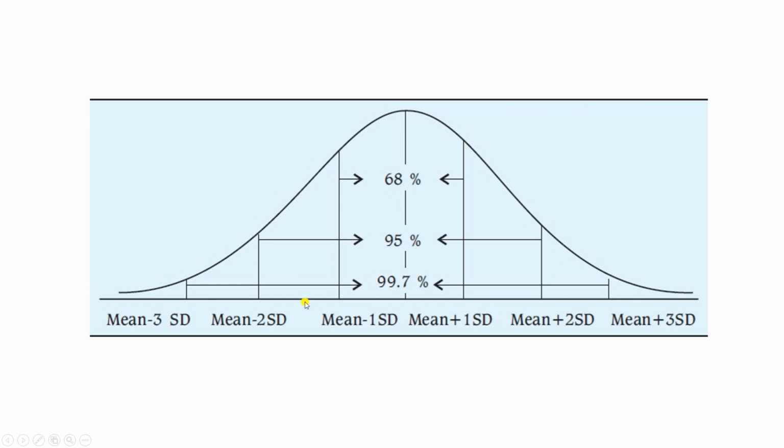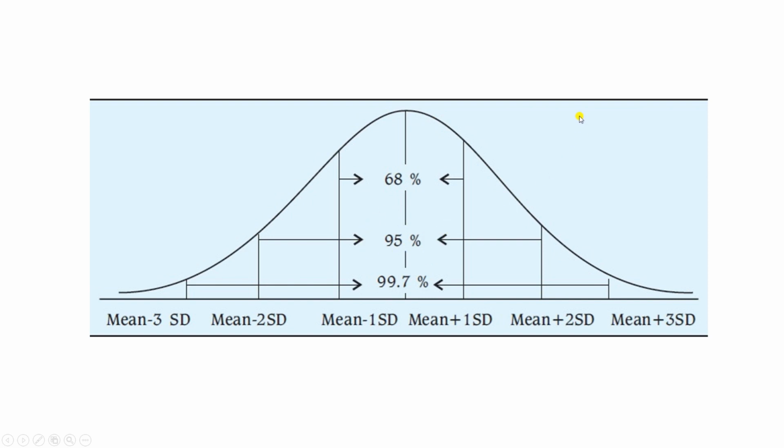Now if we are talking about 2 standard deviations on either side, that is 2 into 7, that is 14. So 81 plus 14 is 95, 81 minus 14 is how much? 67. So 67 to 95, this is the area where all the people having diastolic blood pressure between 67 and 95 will be, and they will comprise 95% of the whole population.